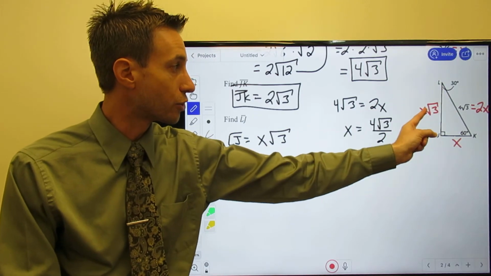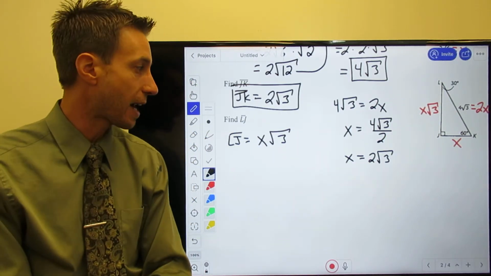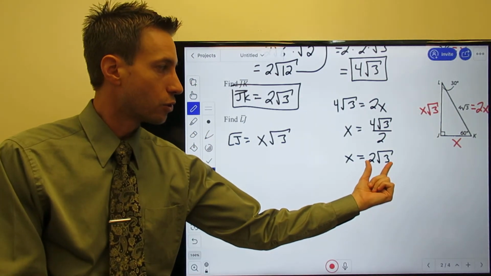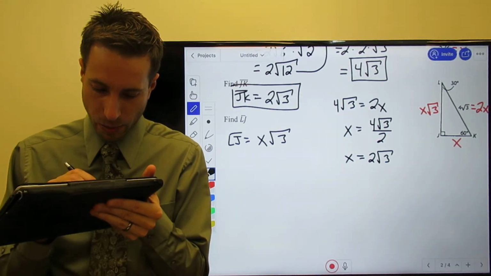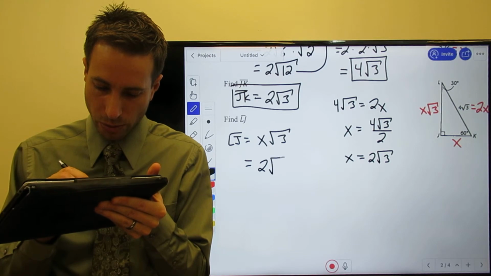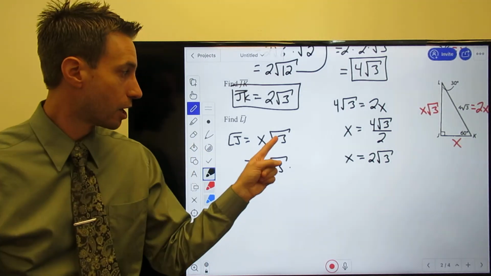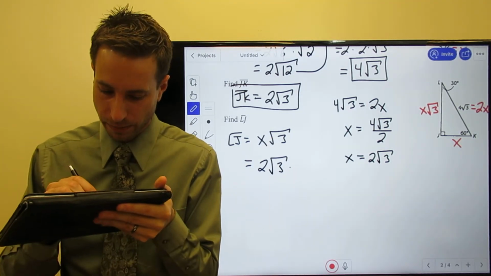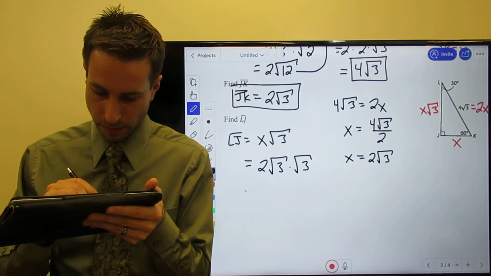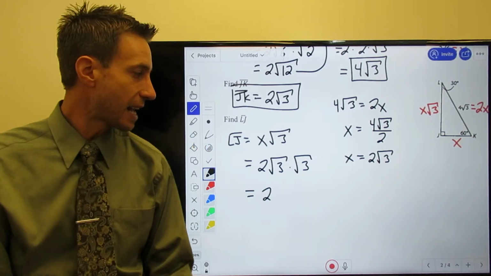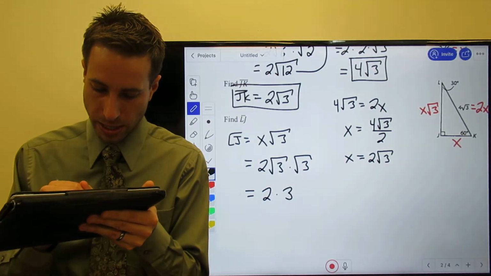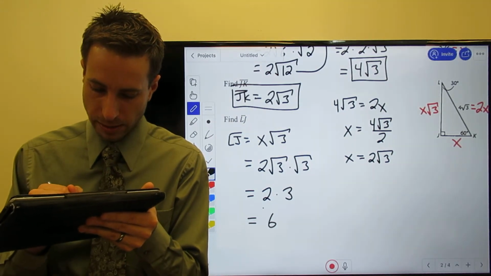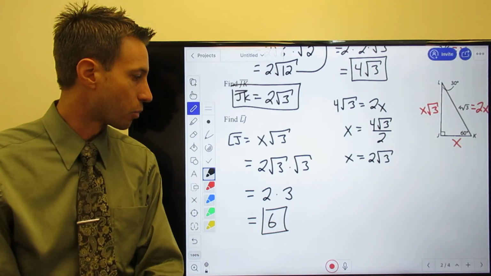That's the length of LJ, but what is the value of x? Well, x is 2 times the square root of 3, so I'm going to plug that in for x. And I wind up with 2 square roots of 3 times the square root of 3 that was already there. And once again, square root of 3 times the square root of 3 is just going to be a 3. And 2 times 3 is 6. And so we wind up with a 6 there.